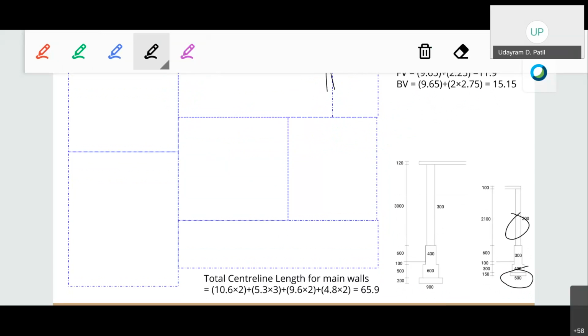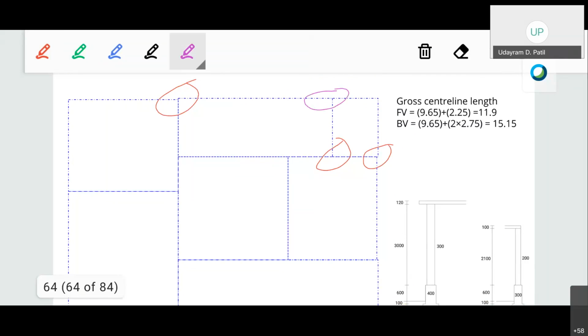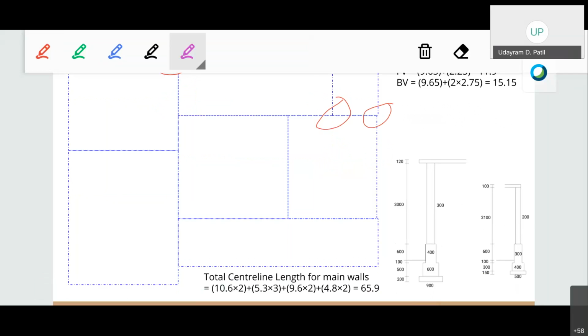Therefore the width will be 0.5. Therefore for total four junctions, for these three junctions deducting 0.45, whereas for this third junction deducting only 0.25, that is half of the 0.5.